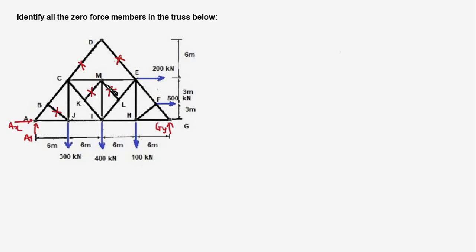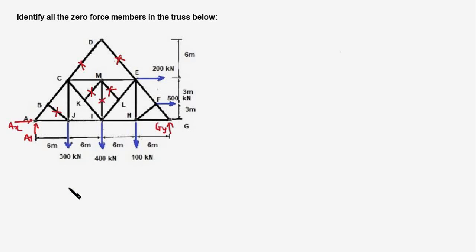And now at joint M, we have just 3 members. We can ignore these 2 members. CM and ME are collinear. MI is not collinear. No external force on joint M. Therefore, MI is a zero force member.